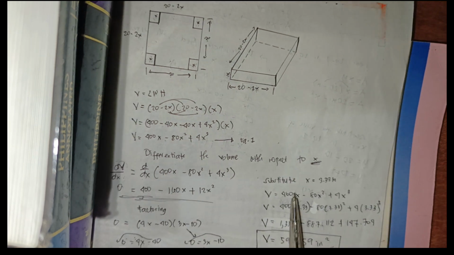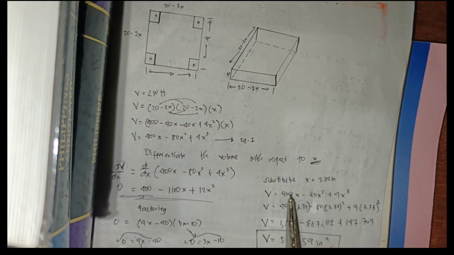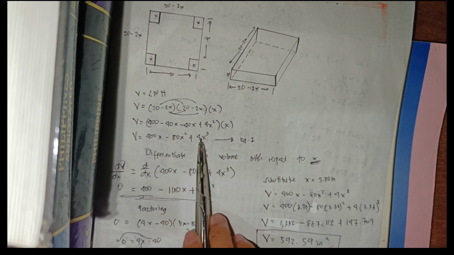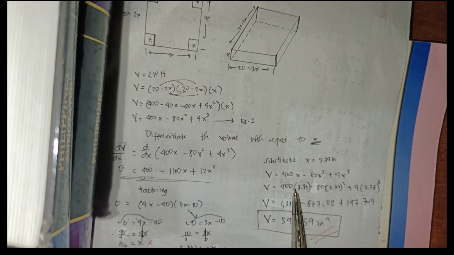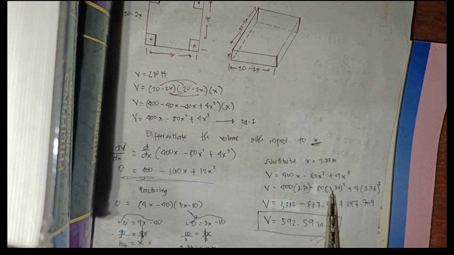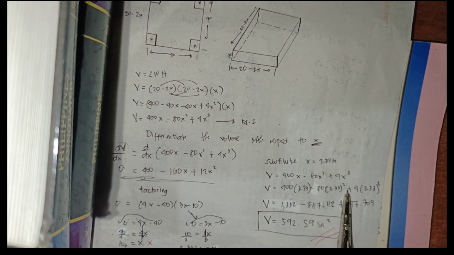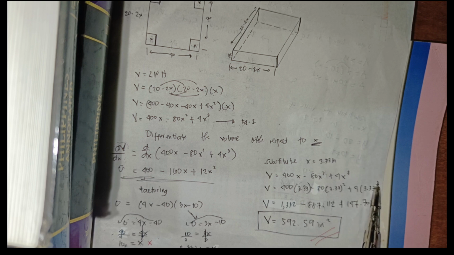So substitute the value of x into the first equation. So 400 times 3.33 minus 80 times 3.33 squared plus 4 times 3.33 cubed.